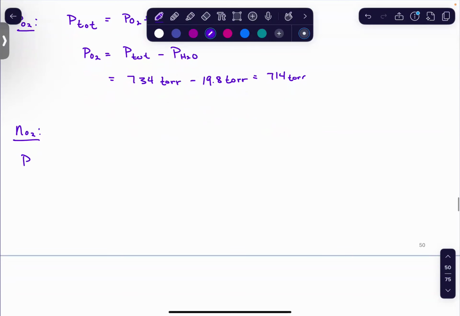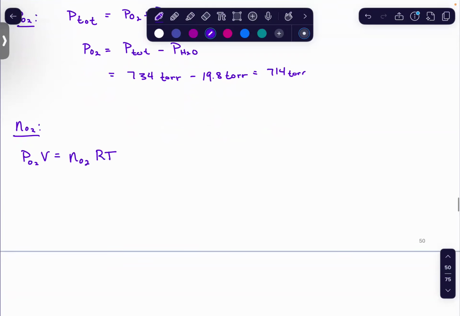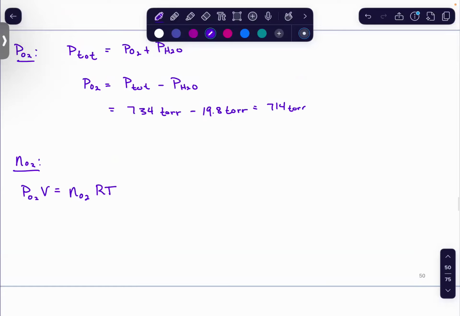Okay, so remember our partial pressure gas equations. You get pressure of O2 times volume equals moles of O2 times RT. Well, we know R is going to be in atmospheres. We have torr. And it's going to be in kelvins, and we have Celsius.